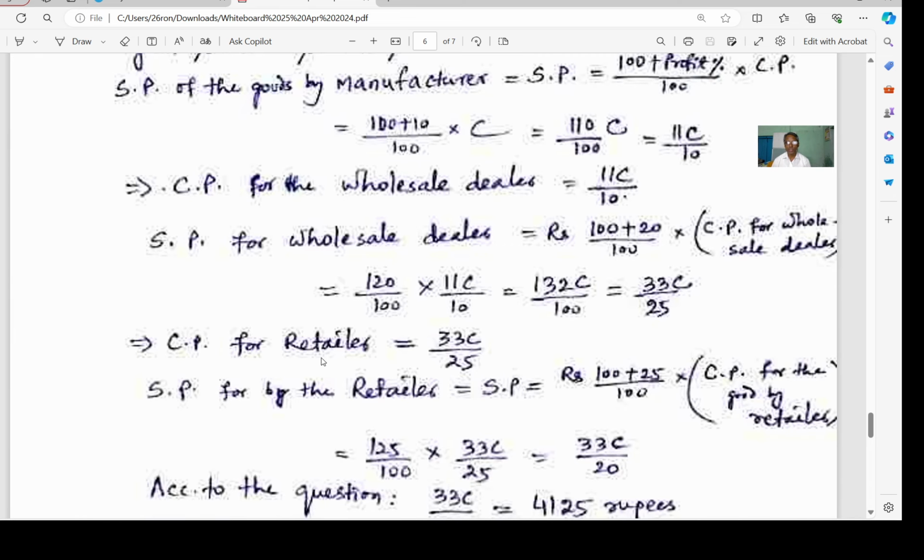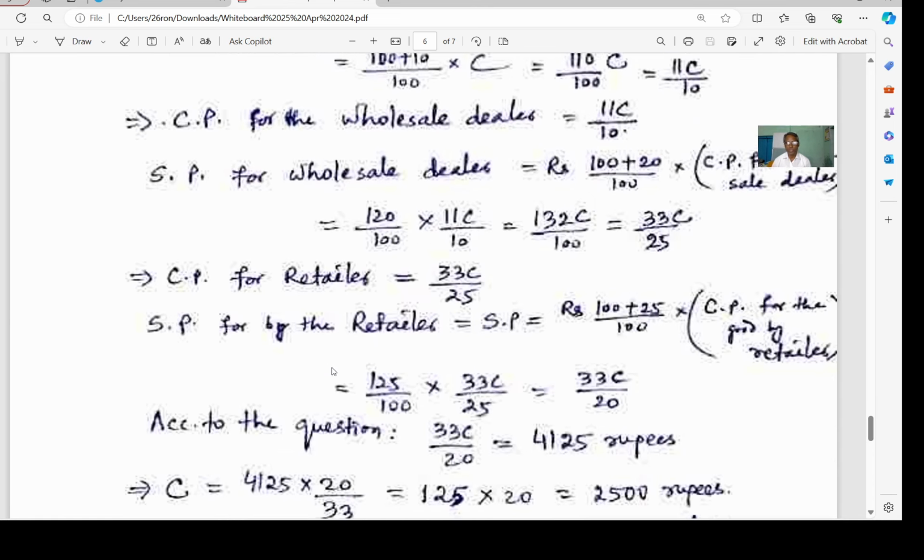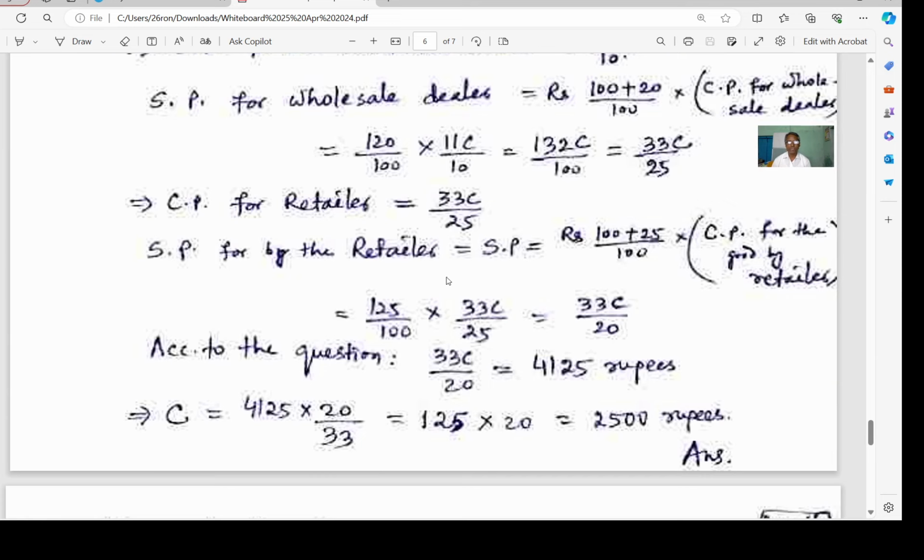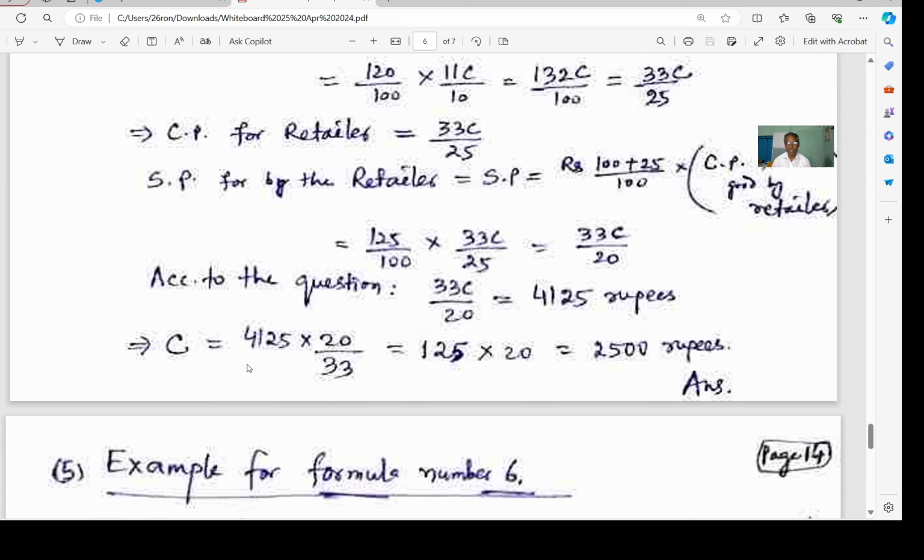Now cost price for retailer is equal to 33C/25. So sale price by the retailer is SP equal to (100 plus 25)/100 multiplied by cost price for the goods by retailer. This is equal to 125/100 multiplied by 33C/25, equal to 33C/20.